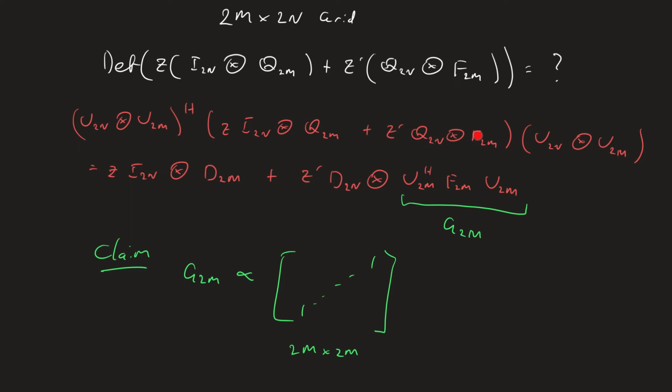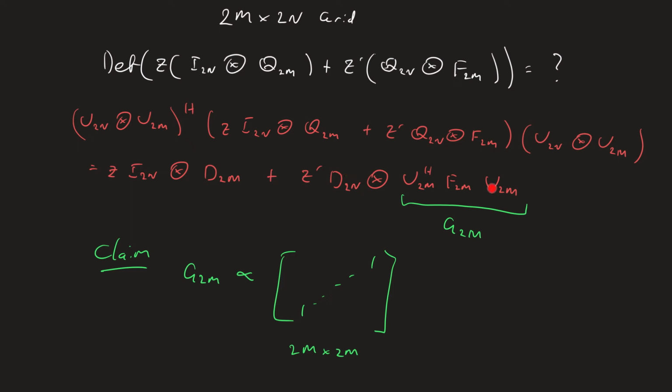Moving on to the second term in the summation, the Z prime comes out here. We have for the Q here, U Hermitian transpose QU. Again, we know that that is a diagonal matrix, which we denote by D. And for the second factor in the Kronecker product, we have U Hermitian transpose times F times U. And it's only this term that is preventing this whole expression from being a diagonal matrix.